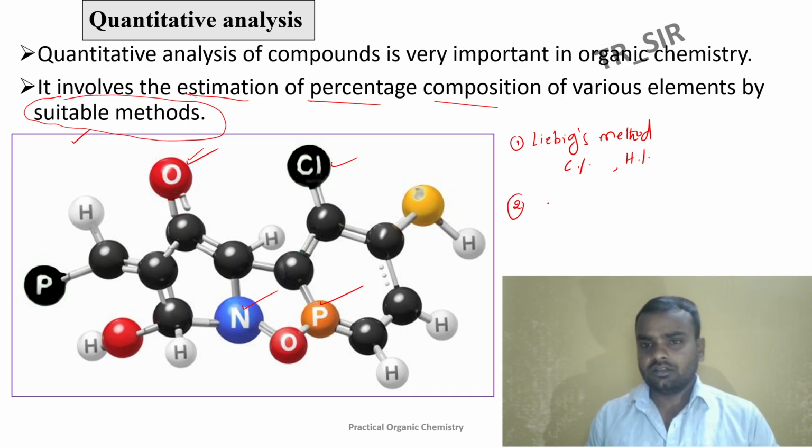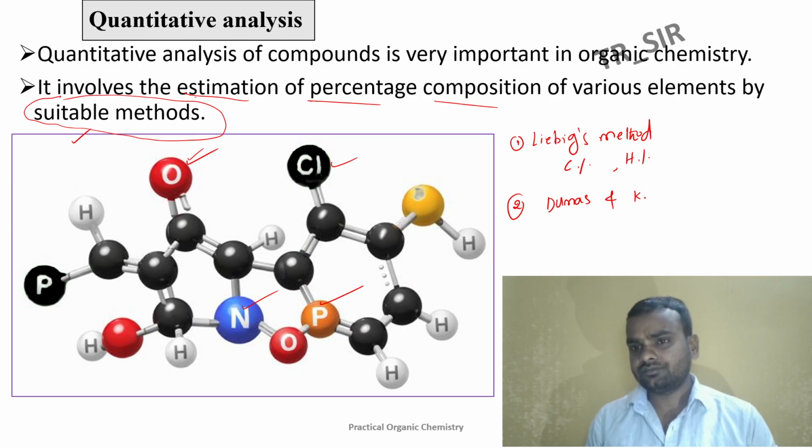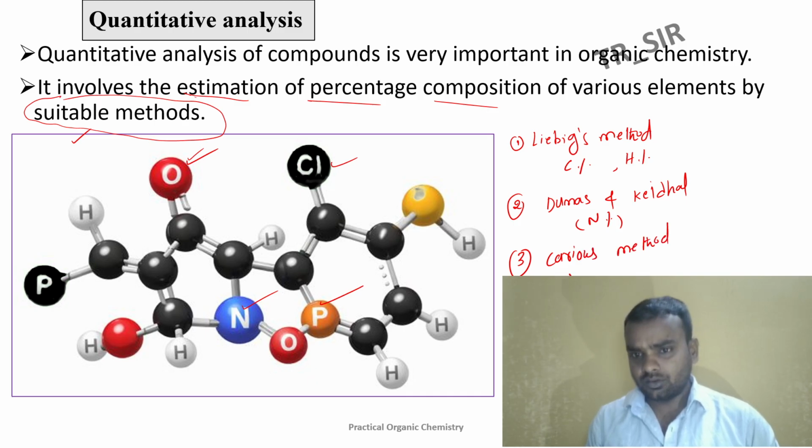Next, we'll do the Dumas method as well as the Kjeldahl method for the estimation of nitrogen, the percentage of nitrogen. Then we'll see the Carius method for estimation of halogen, phosphorus, and sulfur.